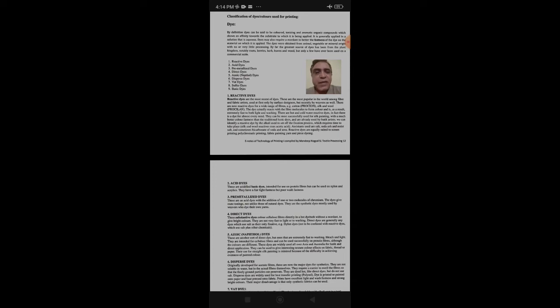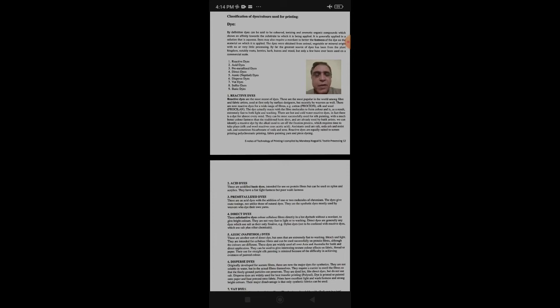The next class of dye is the direct dyes. These are the most initial class of dye which was used for cotton materials. Direct dyes means they give color on the material directly. They are substantive in nature, meaning they love the substrate, the textile material.